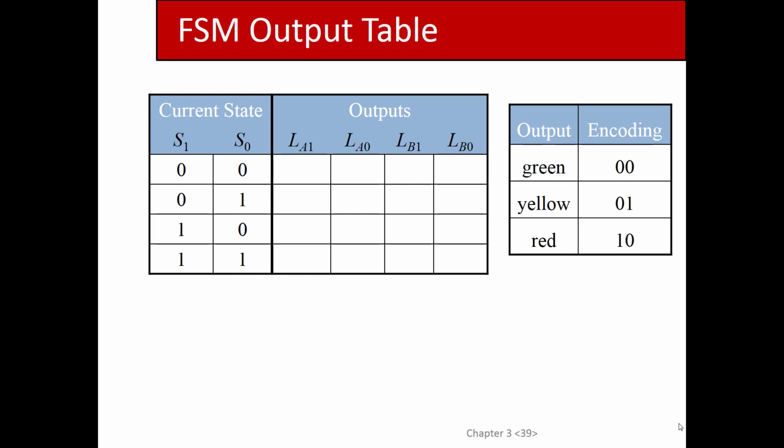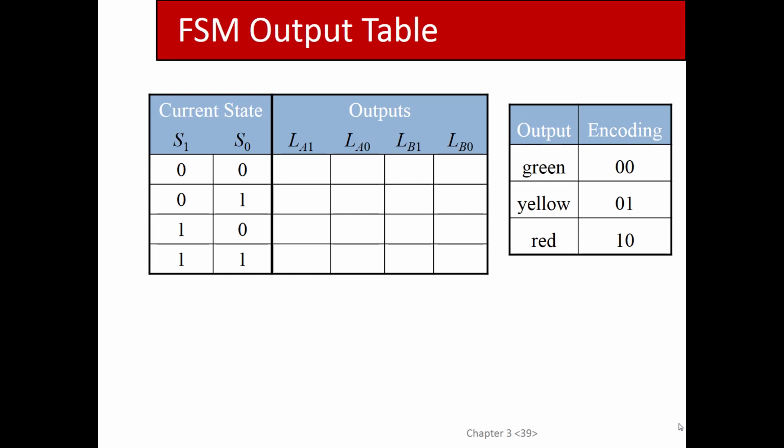So if I am in 0, 0, that means that my LA is green, 0, 0. And my LB is red, which is 1, 0. State 1, I have an LA is going to be yellow, which is 0, 1. And LB is going to be red at 1, 0.